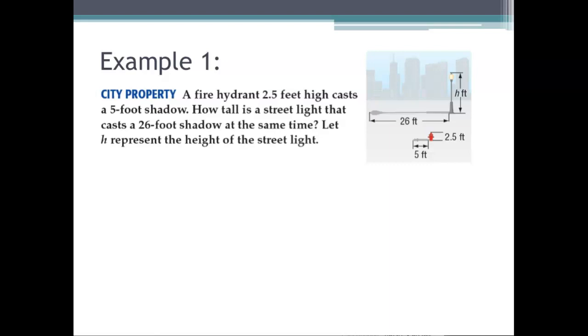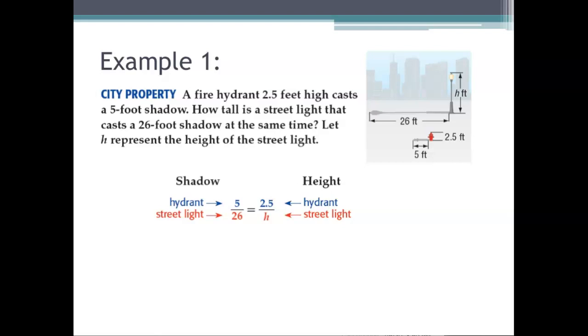And then there's the streetlight that casts a 26-foot shadow, and you're trying to determine the height. So what we're going to do is make one side the shadow and one side the height. On the left, I have the hydrant's shadow in the numerator, and then the streetlight's shadow in the denominator. So that's 5 feet and 26 feet.